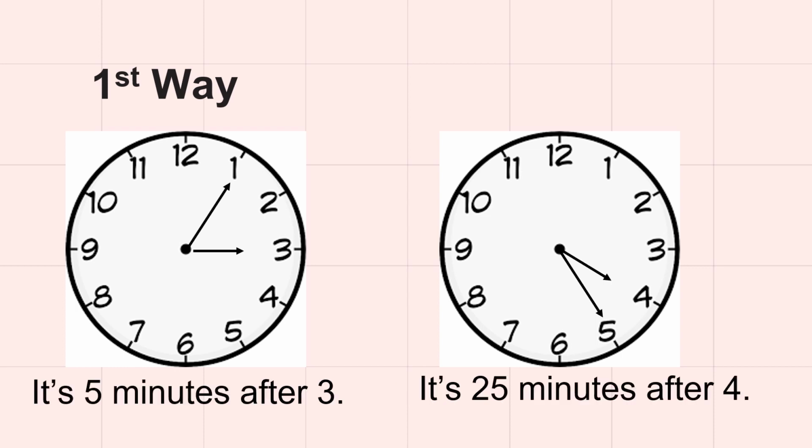When you use the word after instead of past, you need to include the word minutes. But when using past, the word minutes is optional. It's 5 minutes past 3. It's 5 past 3. Both are okay. But 5 minutes after 3 is okay, but it's 5 after 3 is kind of awkward and not often used.